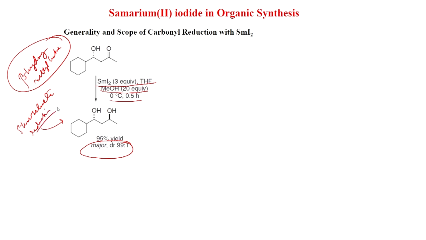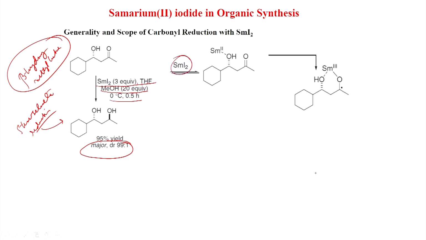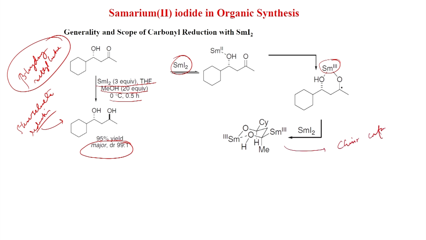So what could be the mechanism of this? Samarium iodide first reacts with OH and then it is making reduction, then the ketyl radical is forming, and now the samarium 3 will coordinate with OH as well as this oxygen, and now it will take chair conformation of the anion.